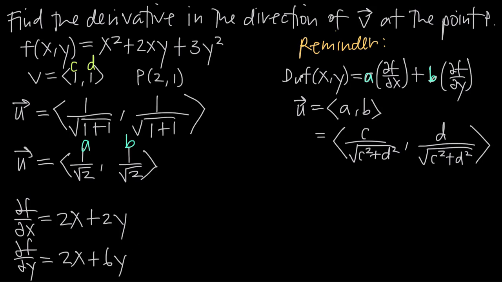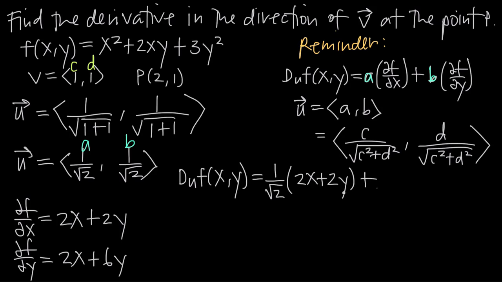So now if we plug everything into our directional derivative formula, we would get d sub u, in other words, in the direction of this unit vector u that we found, of f of x y, is going to be equal to a, which we know is 1 over root 2, multiplied by the partial derivative of f with respect to x, which is 2x plus 2y, plus b, which is also 1 over root 2, multiplied by the partial derivative of f with respect to y, which we found was 2x plus 6y.